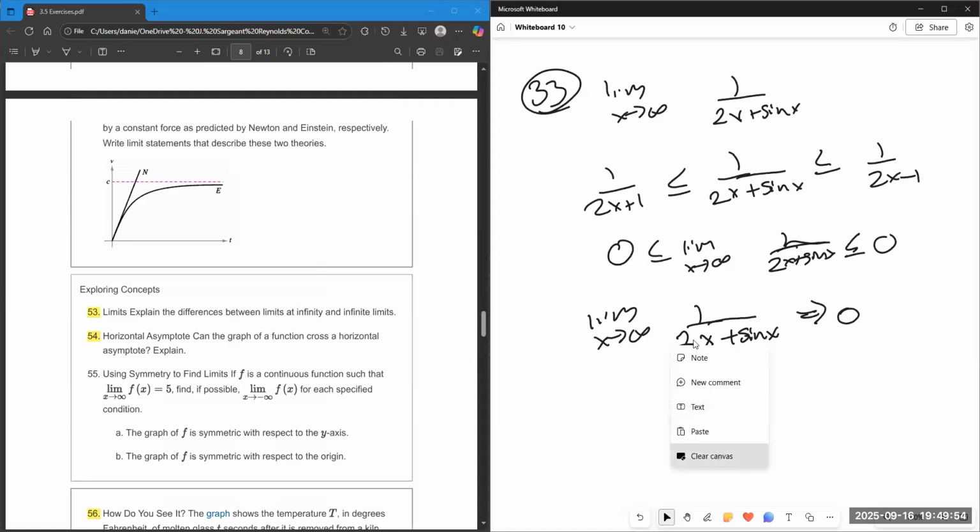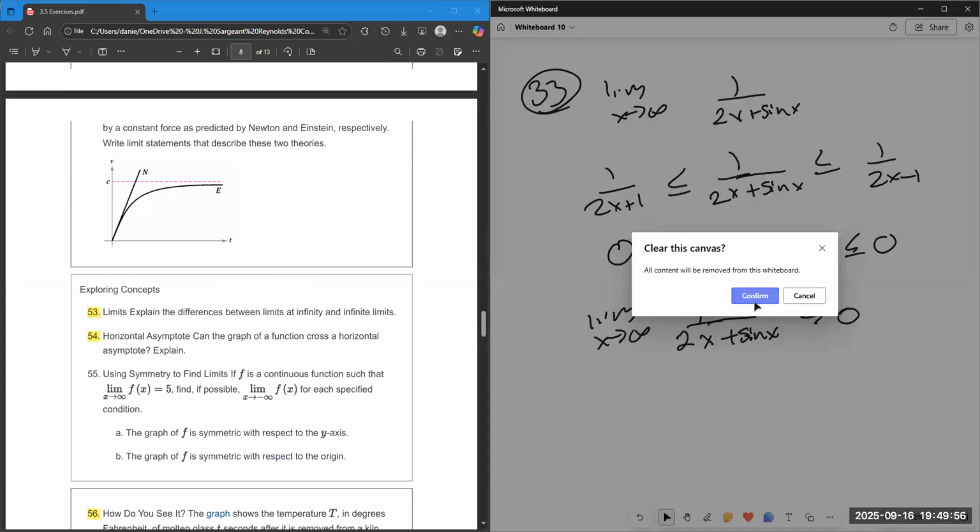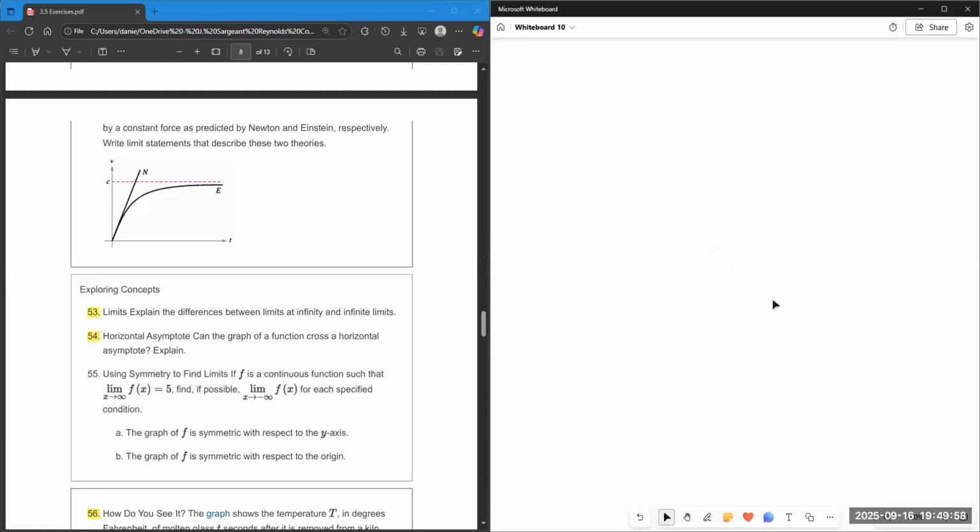All right, so this is just a conceptual question. Explain the difference between a limit at infinity and infinite limits. So a limit at infinity is what we were just talking about, where x approaches positive or negative infinity. It typically talks about a horizontal asymptote, though it could talk about just any old end behavior of the graph, that it approaches a slant asymptote, or that it goes to infinity or negative infinity.